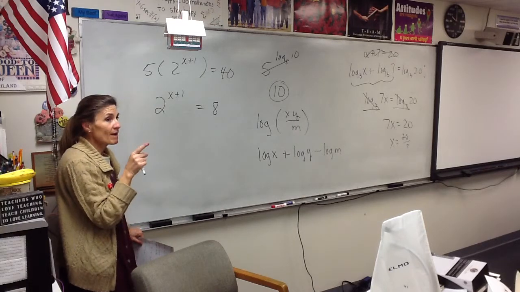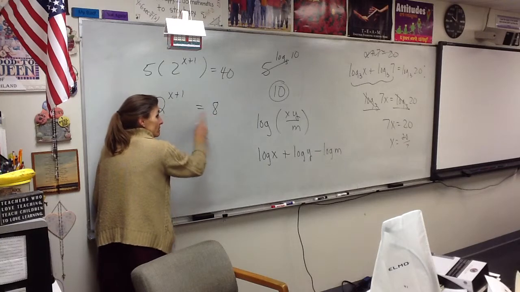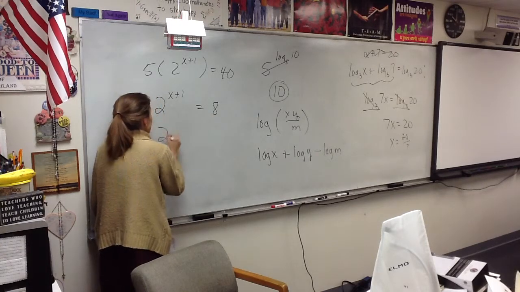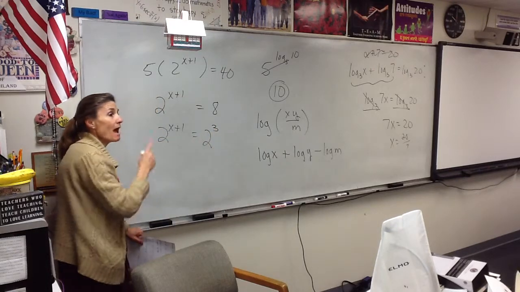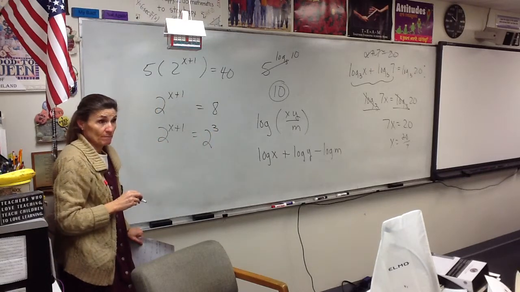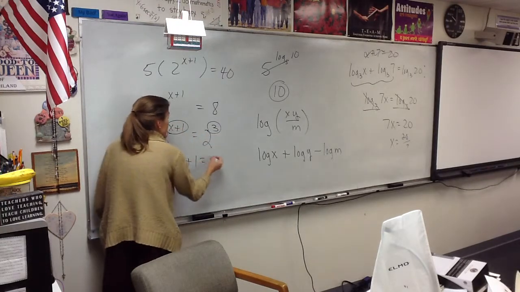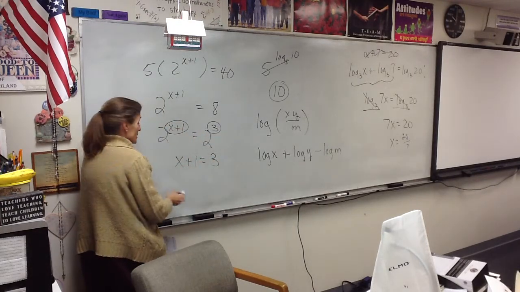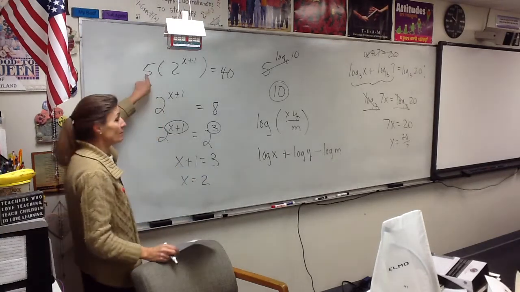What do we need to have happen? We need to have these guys match, don't we? So that's easy. 8 is 2 cubed. And now that they match, we can say x plus 1 equals 3. So the answer is 2.